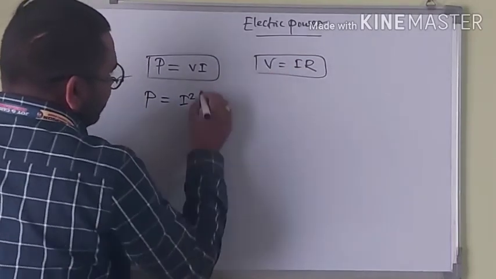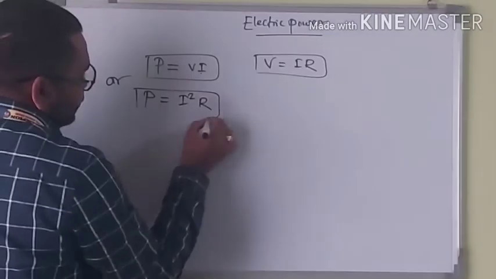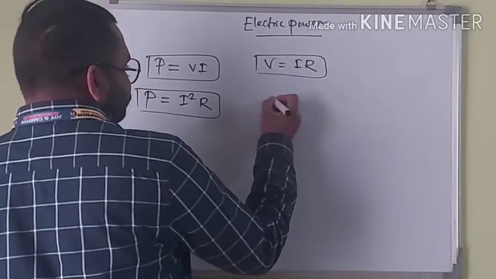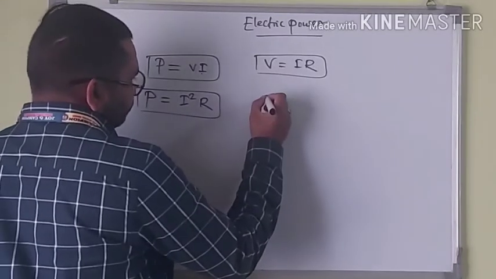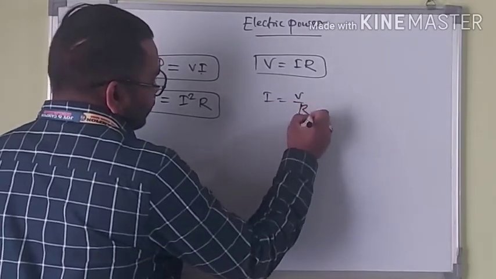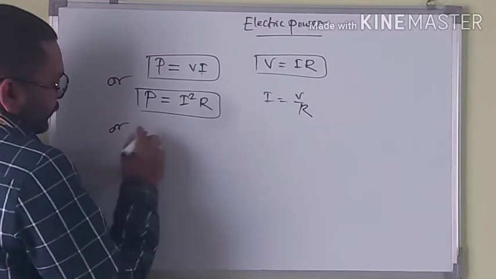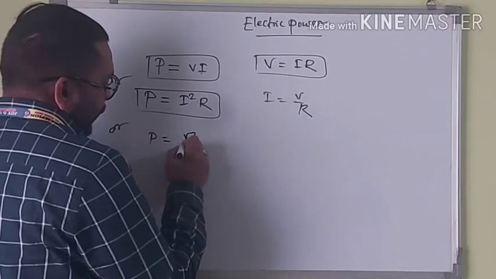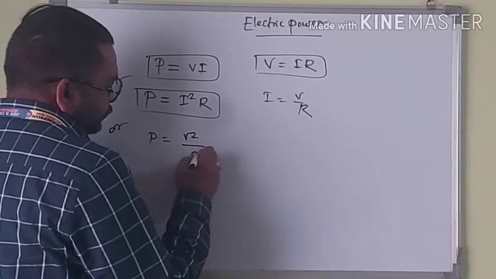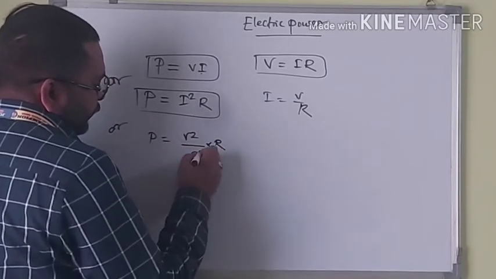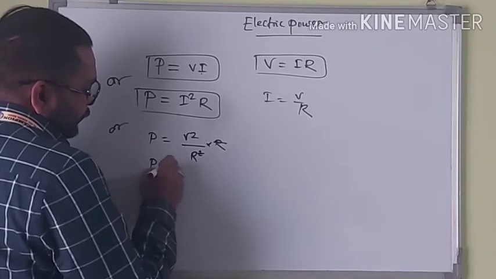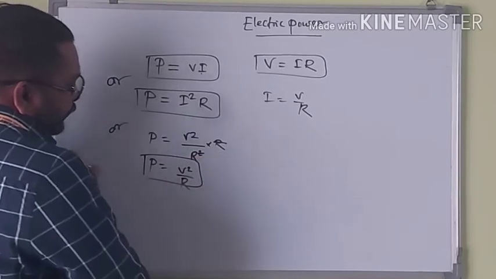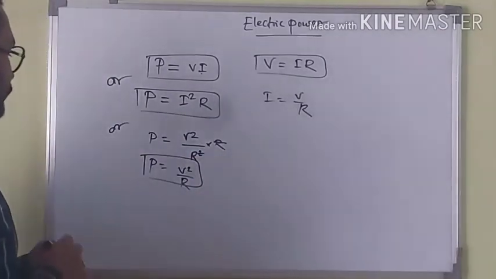So putting the value, power is I square R. And also we can write from here I is equal to V by R. So we can also write it in the form of potential difference, V square by R square, and R is already remaining here, so R and R cancel, so P is equal to V square by R. This is also said to be the power consumption of the electricity.